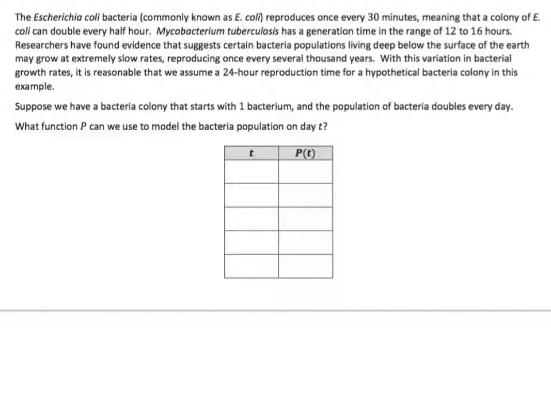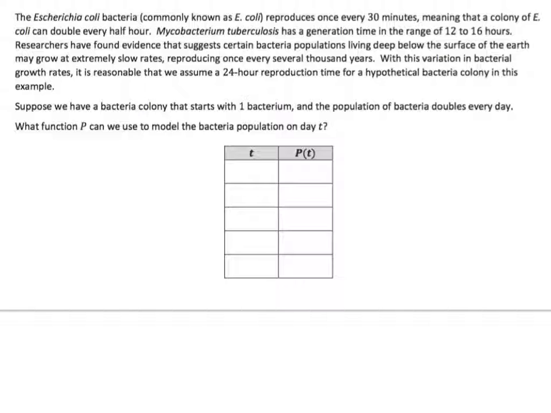The Escherichia coli bacteria, commonly known as E. coli, let's call it that from now on, reproduces once every 30 minutes, meaning that a colony of E. coli can double every half hour. Mycobacterium tuberculosis has a generation time in the range of 12 to 16 hours.